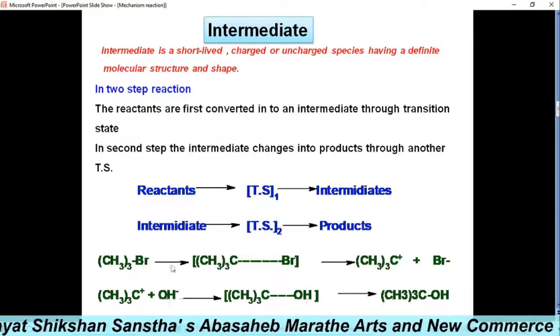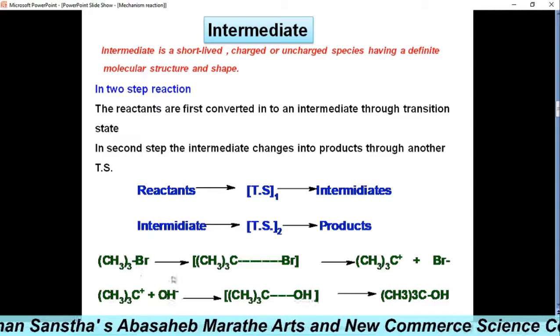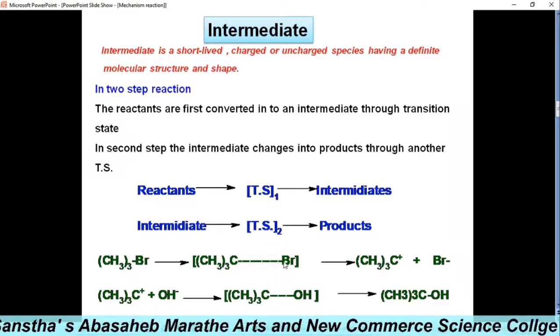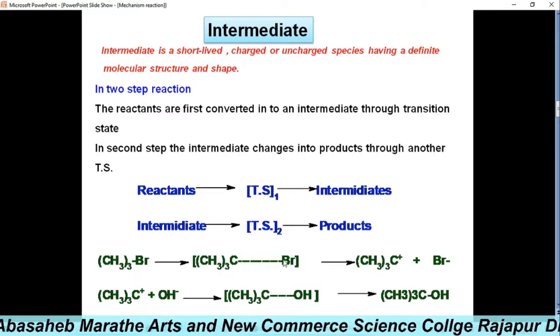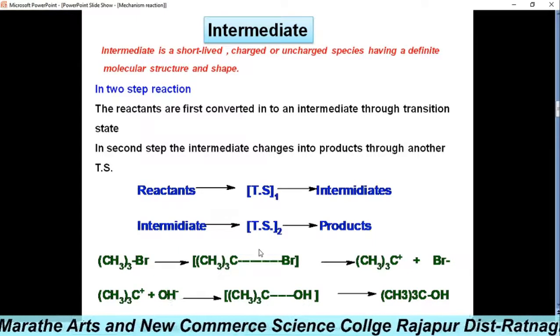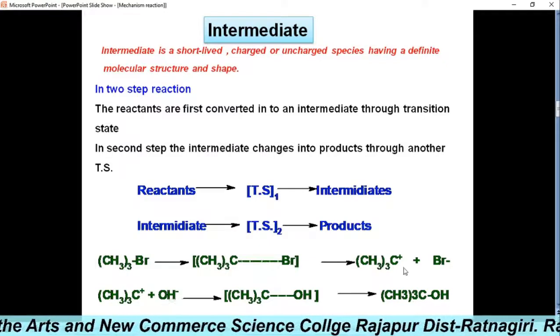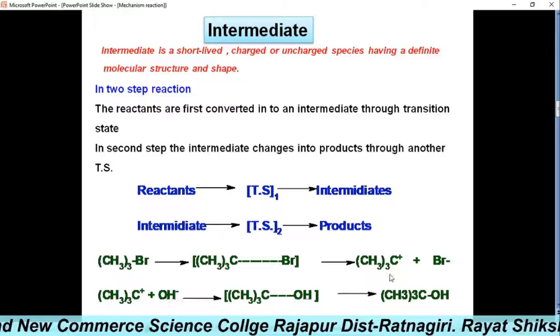What happens? The first step is a partial ionization of the C-Br bond. After ionization, breaking this bond, we get the tertiary butyl carbocation.